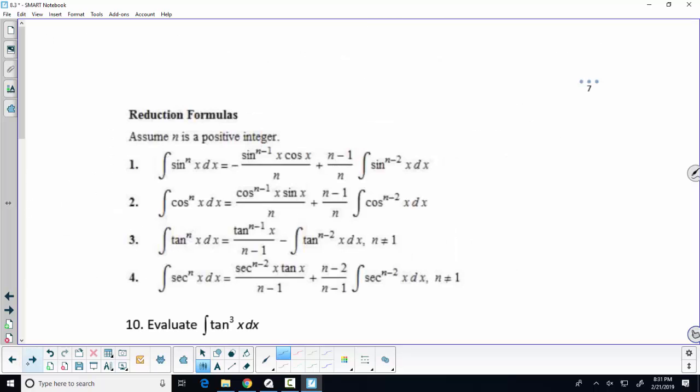Okay, here's some reduction formulas. There is no need to remember these. I mean, I guess you can if you want. But the methods we talked about in this section cover all of these for us, except maybe for secant and tangent.